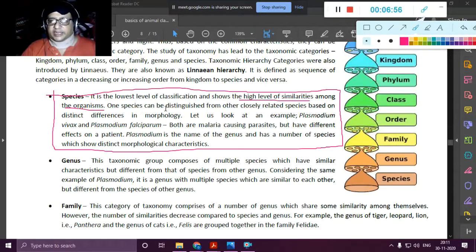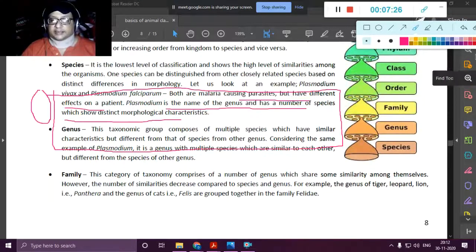One species can be distinguished from other closely related species based on distinct differences in morphology. Basically, first what you look for is the difference. One species is different from another species in morphology. Man is separate from chimpanzees because they look different from outside. Therefore, they are different species.